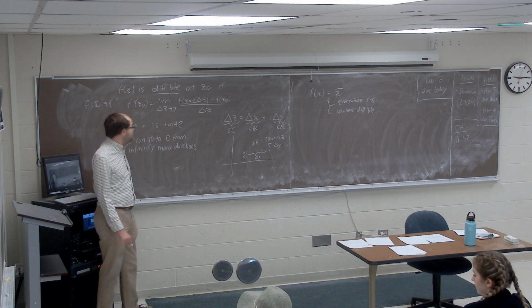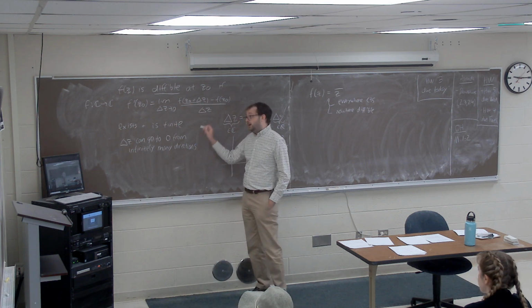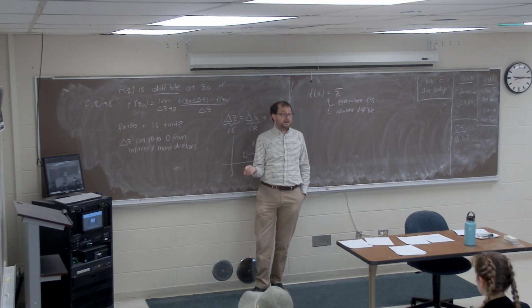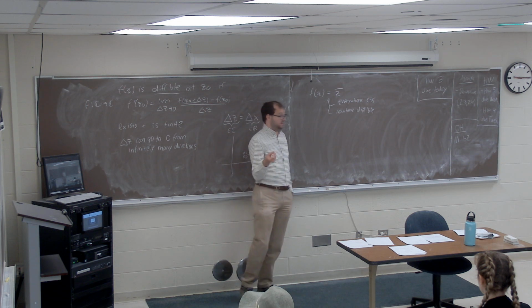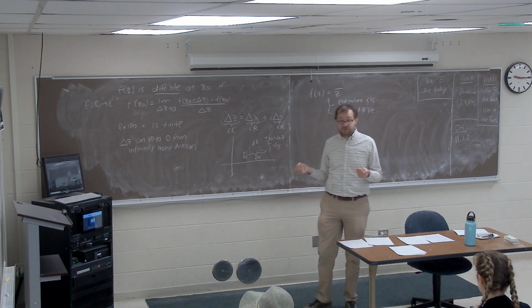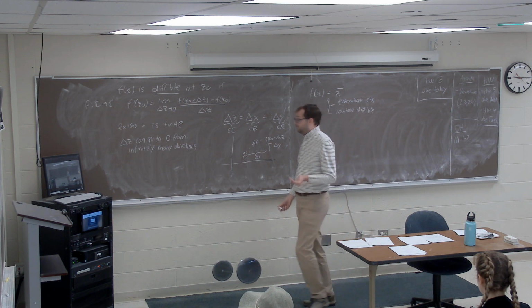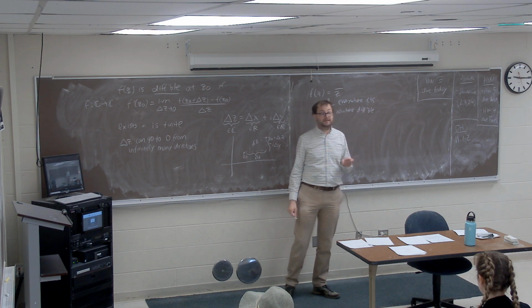Yeah, if you can find any two directions along which delta z approaches 0, where the limit goes to different values, that would be enough to tell us the overall limit cannot exist. Because in order for this limit to exist, it would have to be equal along all possible directions.